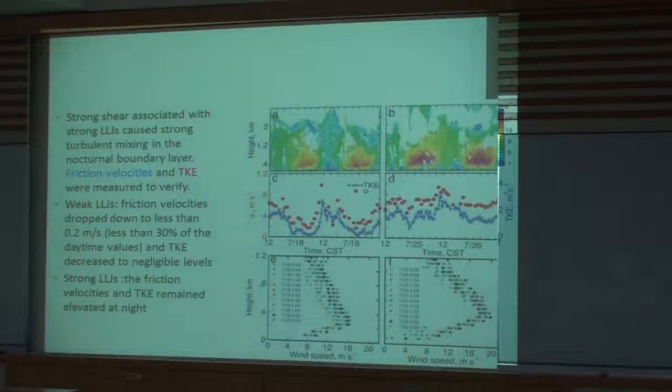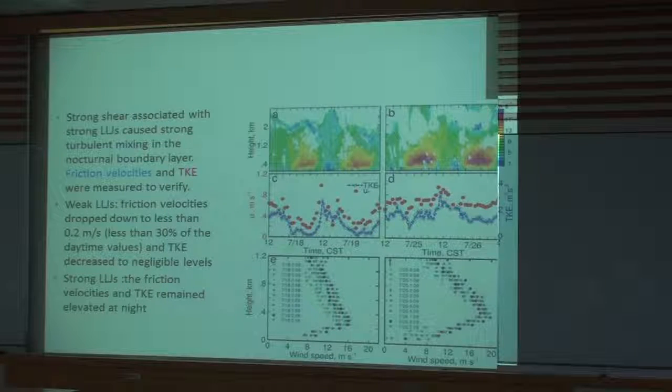And a previous study in this campaign also indicated that the strong shear associated with the low-level jet stream can cause strong turbulent mixing in the neutral boundary layer. So we look at the friction velocity and the TKE measured to verify this. This is the strong case and this is the weak case.